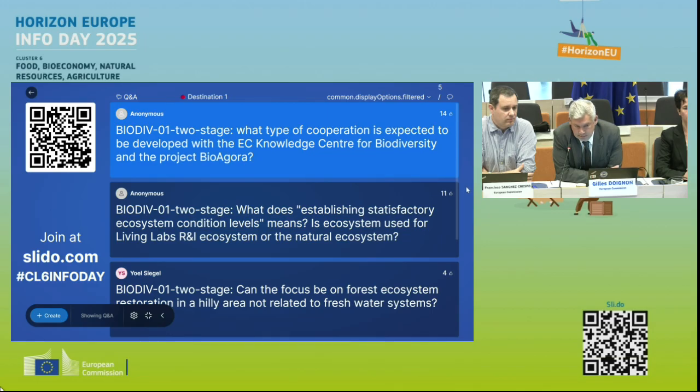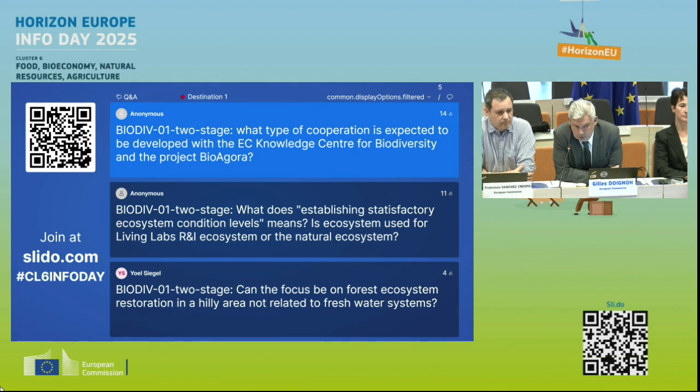In the meantime, BioAgora is building communities of projects per big thematic topic, what they call the Knowledge Exchange Network, or the KEN. So you have a specific KEN for marine, one specific KEN for transformative change, etc. Any new project should know that they will probably be contacted by BioAgora to join one or several KENs.